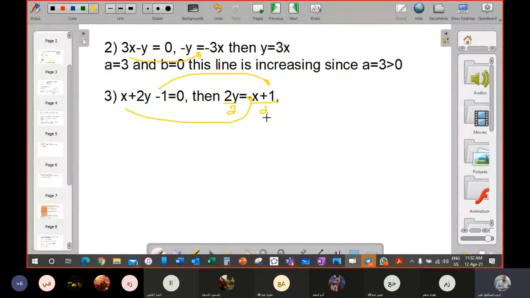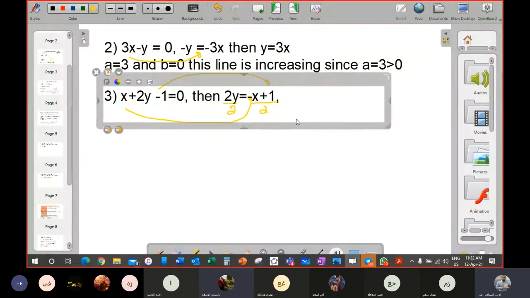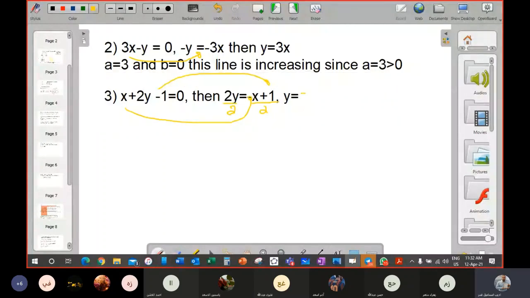And we get y equals minus x over 2 plus 1 over 2. And we can put them over one denominator.